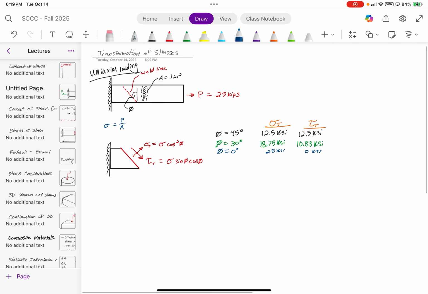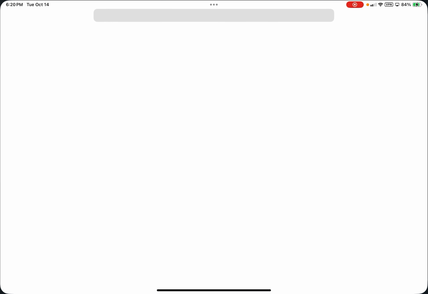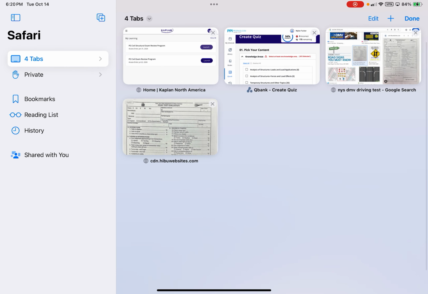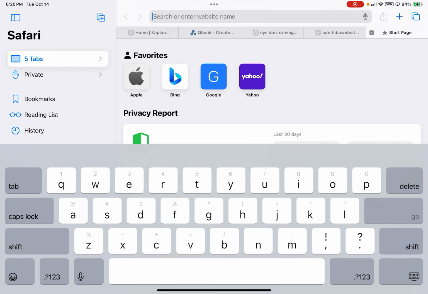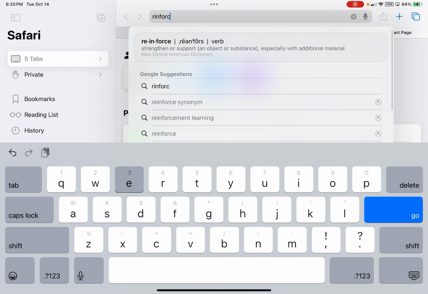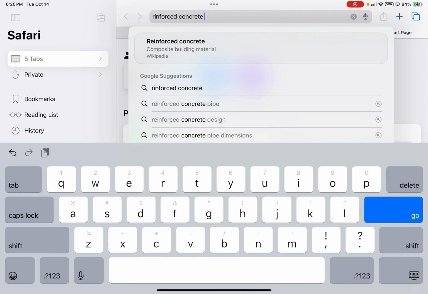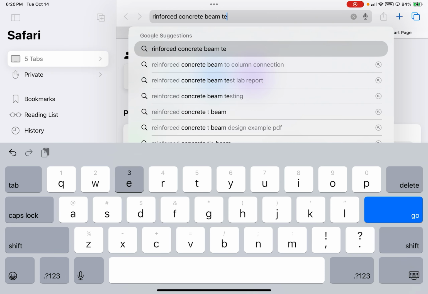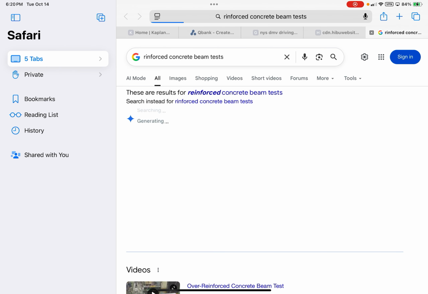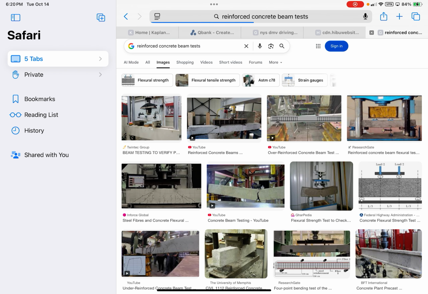Now, the reason we might do this is that we might have to weld two materials together. Sometimes in reinforced concrete design, we actually consider it in the design.